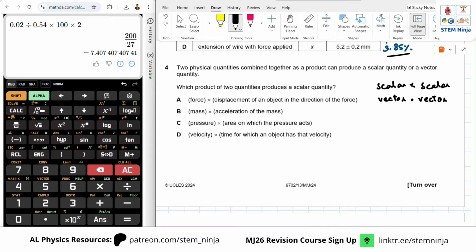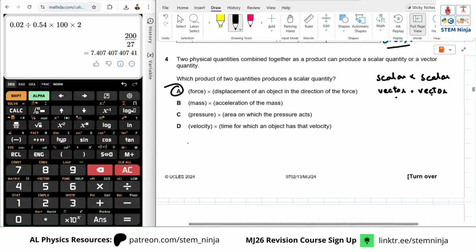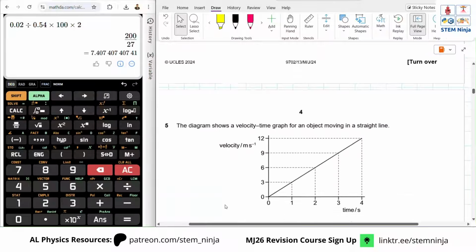So scalar times by scalar, speed times by time, that equals distance. Force dot displacement would get us work. This is the work thing. This, although if this had been speed, then it would have been scalar. This, however, makes up displacement.